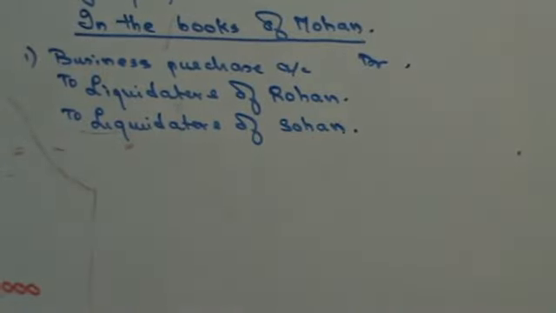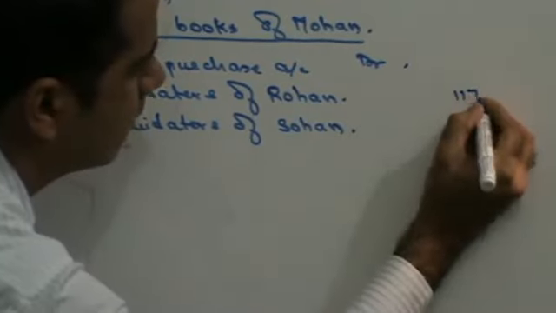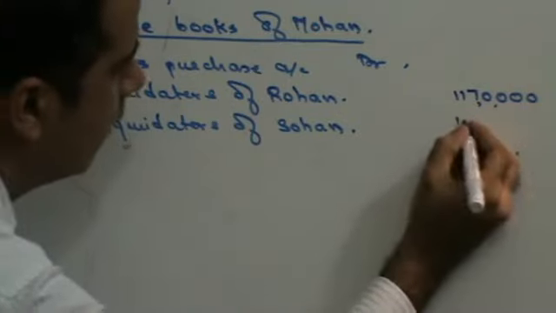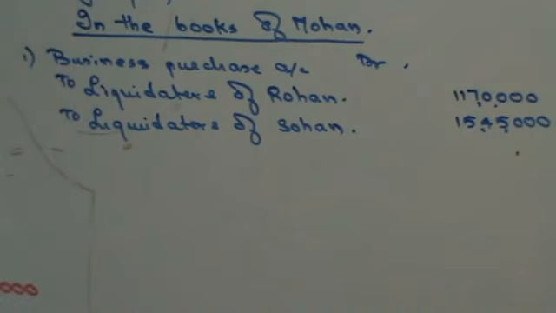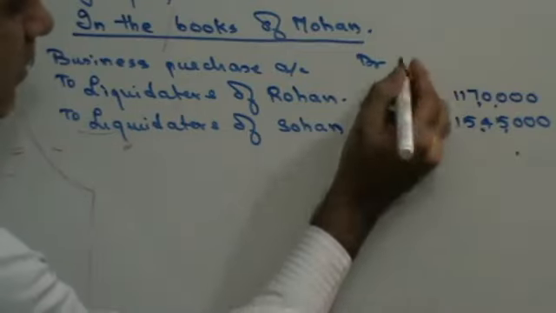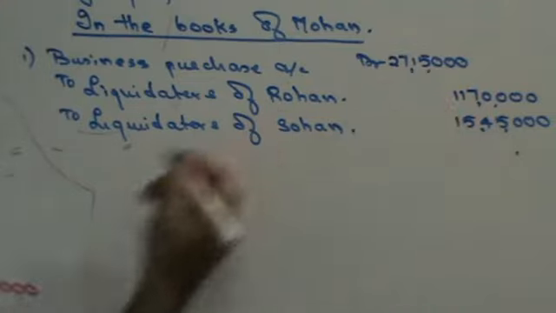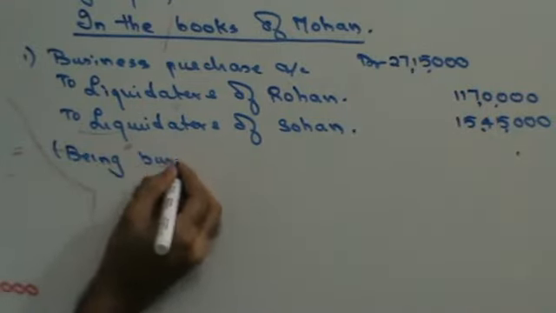Right? He's going to buy Rohan for 11,70,000. He's going to buy Sohan for 15,45,000. Right? Someone please add that. How much is that? It is going to be 27,50. Someone please check that. 27,50,000 being business acquired.